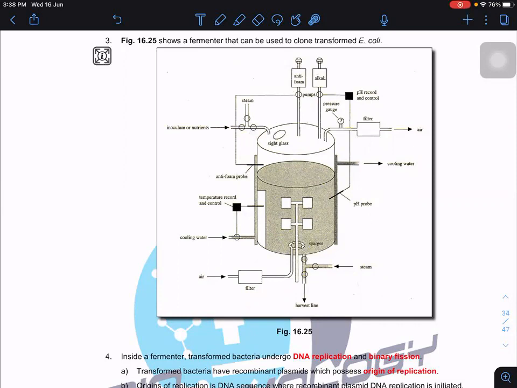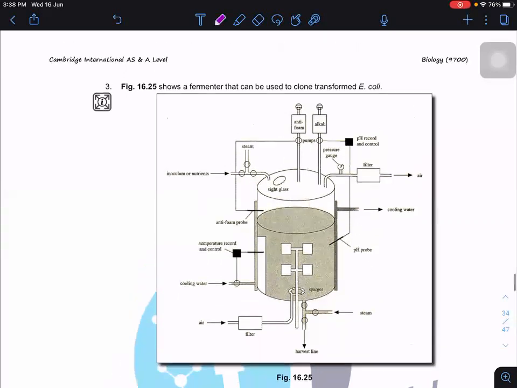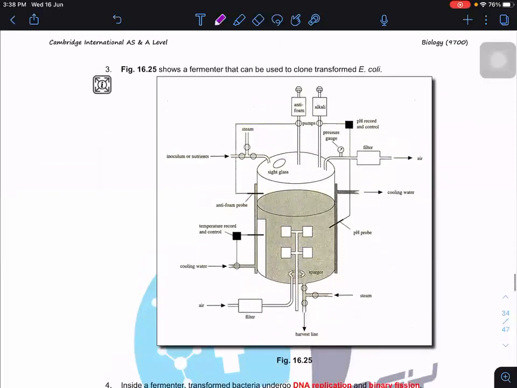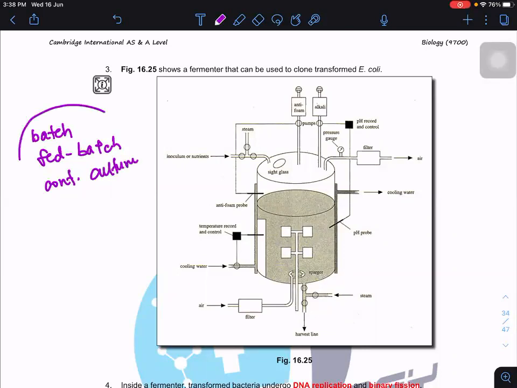Now one thing I want to inform you guys, if you look at the past year paper, you can see that we do have what we call the batch culture, fed batch culture, continuous culture. Those are no longer in our syllabus. So when you do a past year, you can skip those questions. Batch culture, fed batch culture, continuous culture, secondary metabolites.